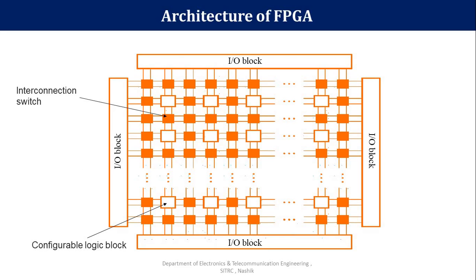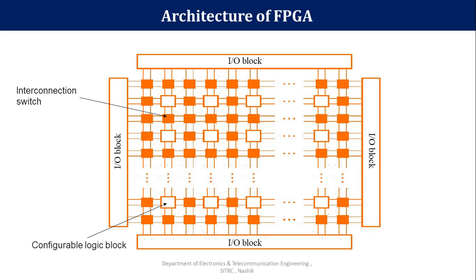Now let's see the general architecture of the FPGA. It consists of three blocks. First, configurable logic blocks. Second, programmable interconnection switches. And third, IO blocks. The configurable logic blocks range from 100 to thousands or even millions, and they are surrounded by the interconnection switches.